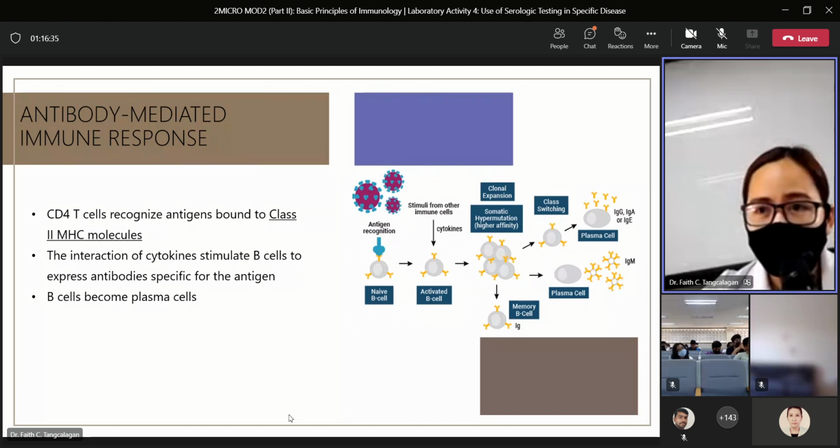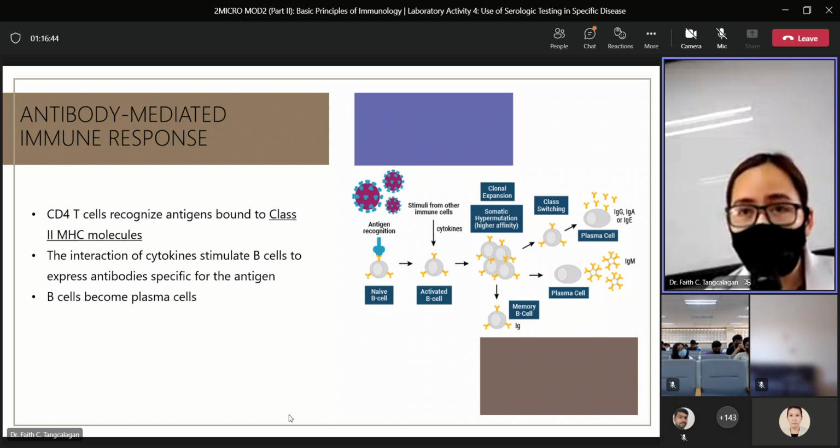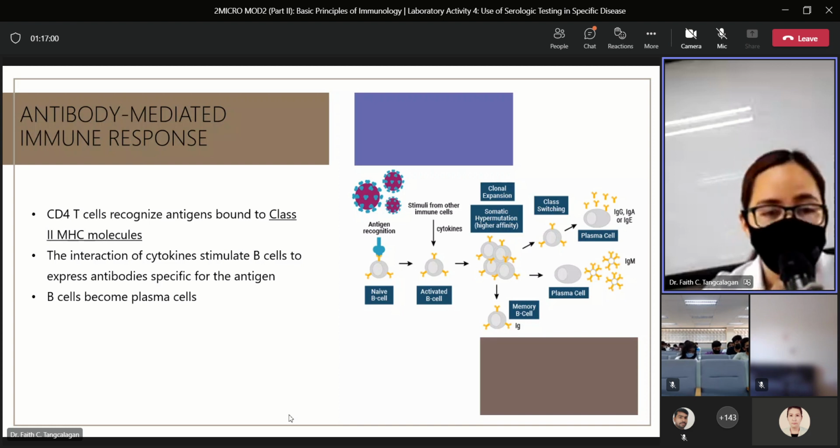It's usually your CD4 T cells that act on the antibody-mediated response, because they give signals to your B cells to express antibodies. While for the cell-mediated response, usually it's your CD4 and your CD8. So let's discuss first the antibody-mediated immune response.